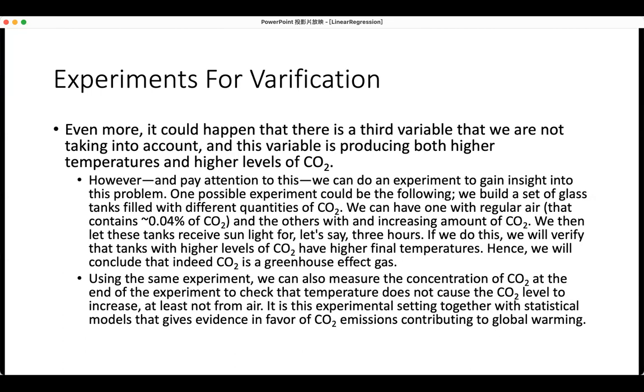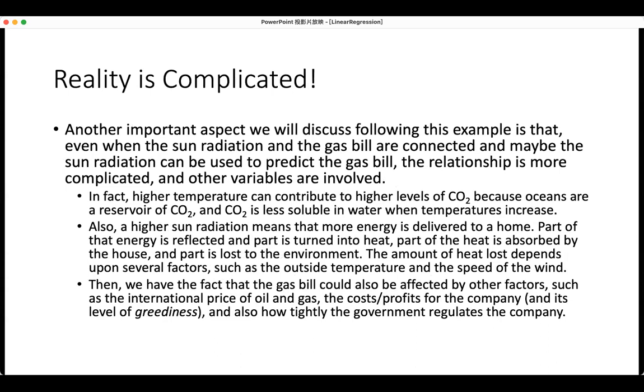You can do the correlation very easily. But to have a causation relationship, you have to find the mechanism by which changing one can affect the other. That's a totally different thing. But here we also want to remind you the reality is complicated. Why? We just show you the example.